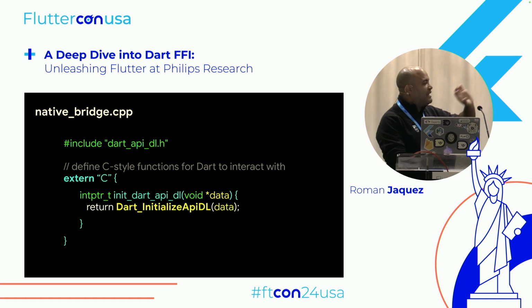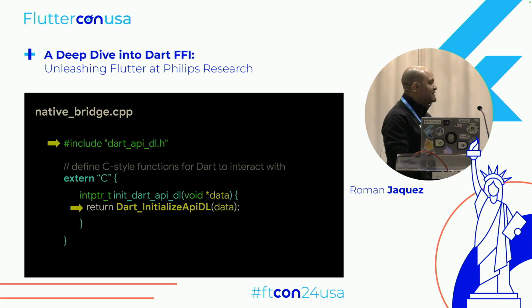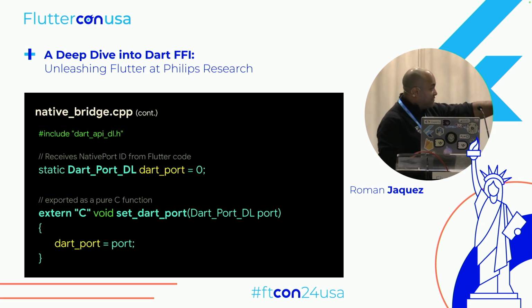It returns a value, and then you check whether it has been properly initialized. You import the Dart API DL, and then you call Dart_InitializeApiDL. This is the method that I told you earlier that you send the native port into. This is actually the native port right here. And then you just capture it within your code.